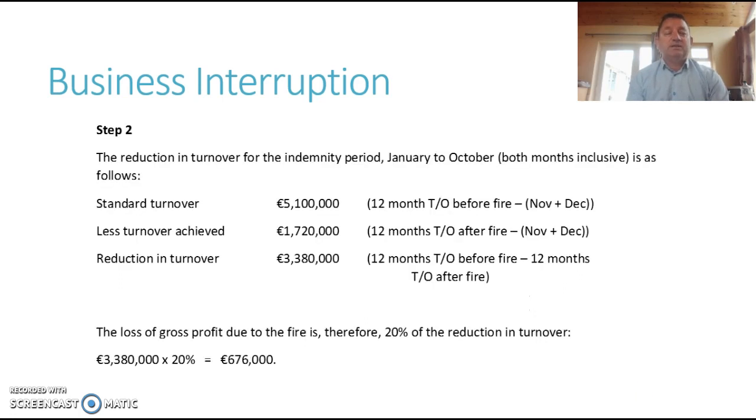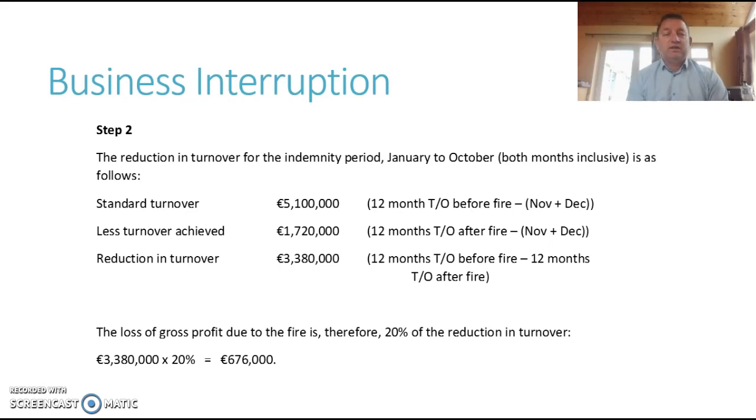Next step that we need to look at is to establish the reduction in the turnover for the indemnity period. And again, the indemnity period, so the period in which the business was affected, was from January 2016 to October 2016. So we took the equivalent turnover in the last year, which is known as standard turnover, which is 5.1 million. The turnover achieved during the indemnity period was 1.72 million.